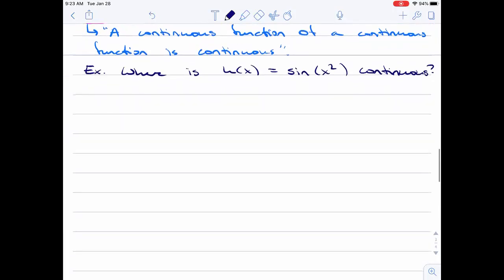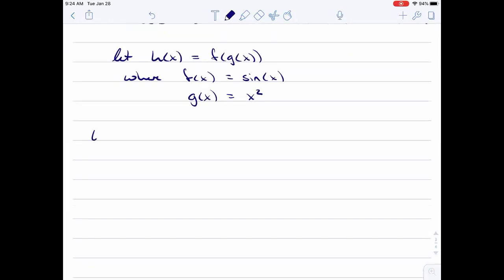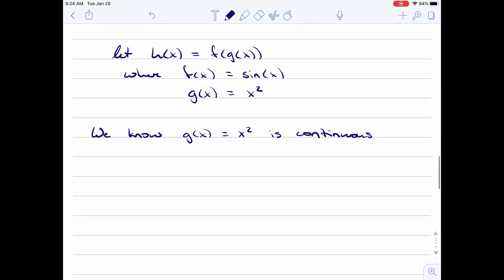And so if we let h of x be f of g of x, where f of x is the sine of x and g of x is x squared, we know g of x equal to x squared is continuous on the set of real numbers.